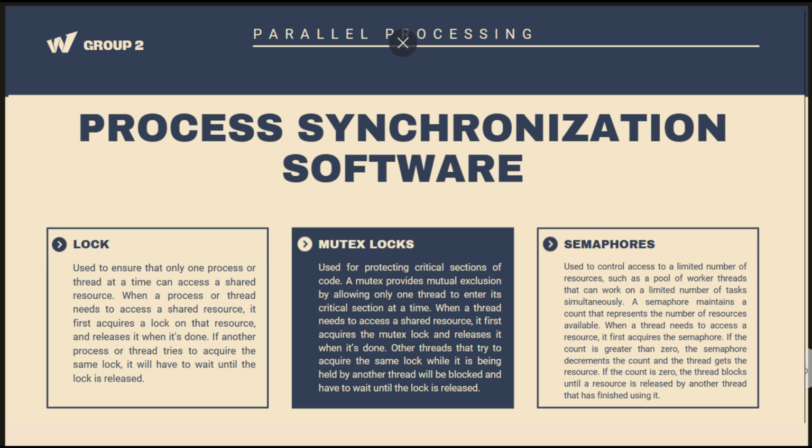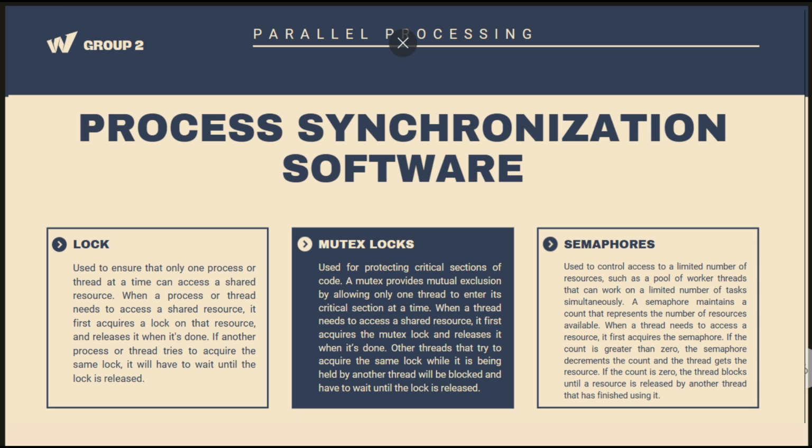So the lock is used to ensure that only one process or thread at a time can access a shared resource. When a process or thread needs to access a shared resource, it first acquires a lock on the resource and releases it when it is done.